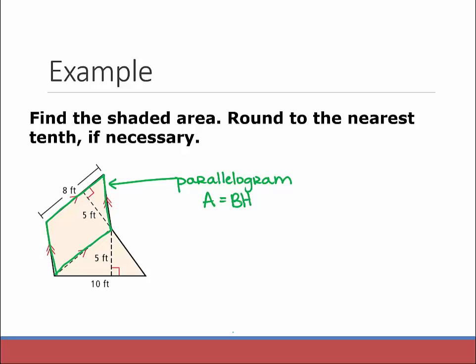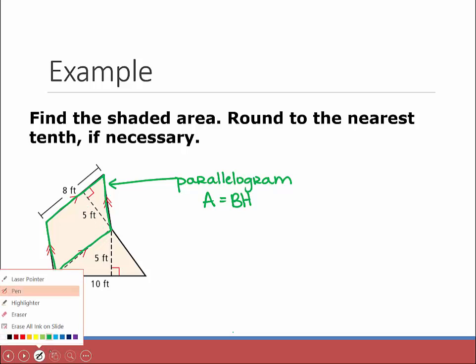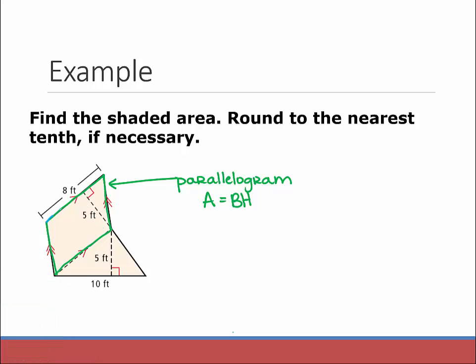Remember, the base has to be one of the side lengths, and the height has to make a right angle. Lucky for us, they give us this for the base, and this is our height. So the area of this shape is just 8 times 5, or 40 feet squared.